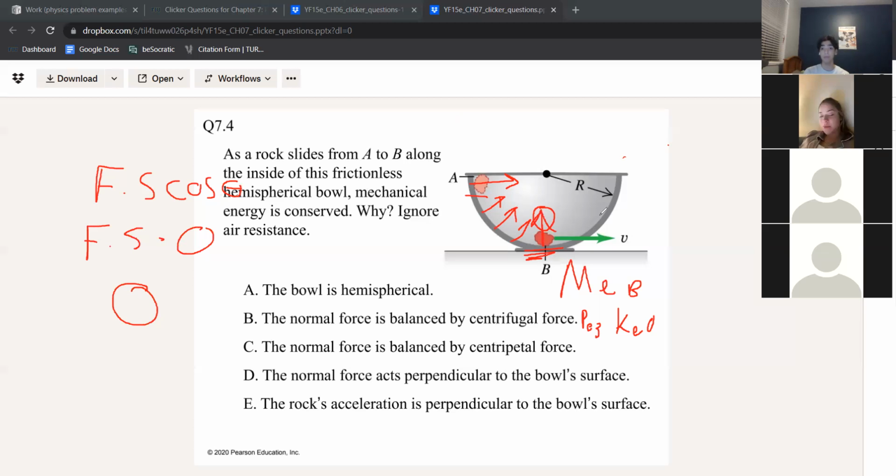So this is the same case, just opposite. Did the same thing happen there? Yeah, the same thing happened here. It says when only the force of gravity does work on a system, the total mechanical energy of that system is conserved.